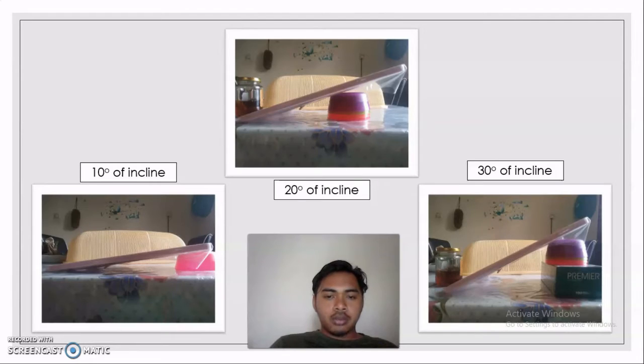For each amount of fluid, we're going to measure the time taken and the distance travelled in different angles of the inclined plastic surface. We use 10 degree, 20 degree, and 30 degree of inclined plastic surface. So we have 9 parts for each variable.